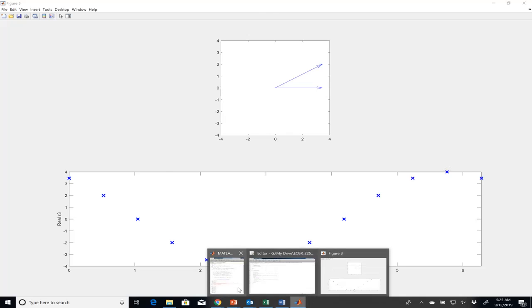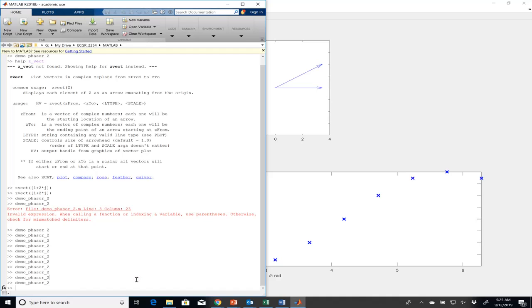Well, if I go to MATLAB, what I should have at time t equal to 0 is 4 times exponential j times 1000 times 0, plus 30 degrees.